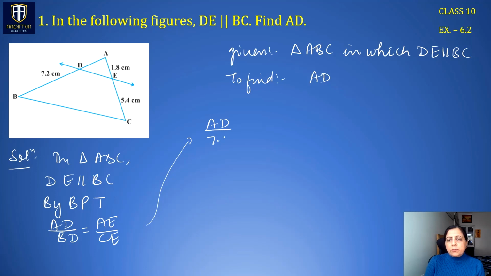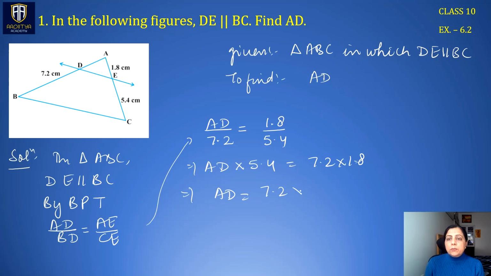BD is 7.2. AE is 1.8 and CE is 5.4. So by cross multiplying, AD multiplied by 5.4 is 7.2 into 1.8. So the value of AD comes out to be 7.2 multiplied by 1.8 divided by 5.4.